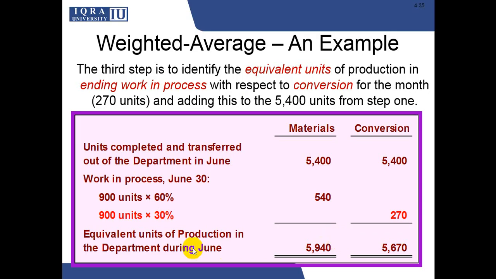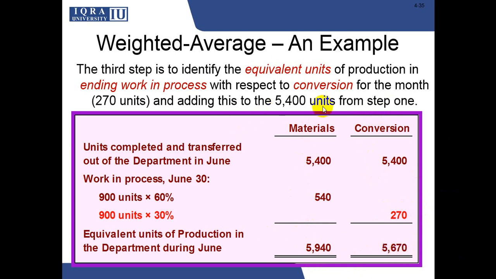Okay, now with respect to conversion, that was 30%, right? 900, 9 threes are 27, so 270. When we take 30% of 900, we get 270. So we will add these two values together. So we have equivalent units of production in the department during June with respect to material as 5,940 and with respect to conversion as 5,670, right?